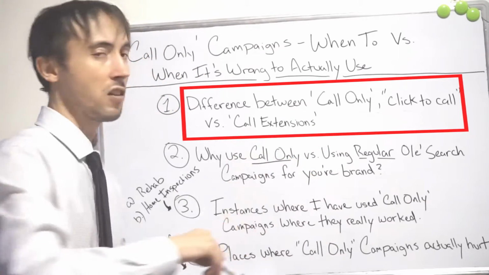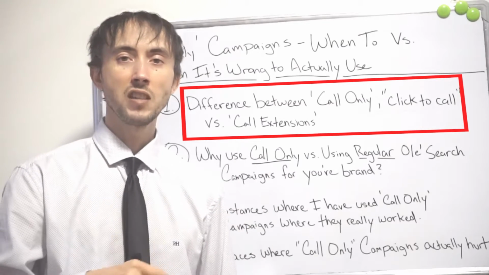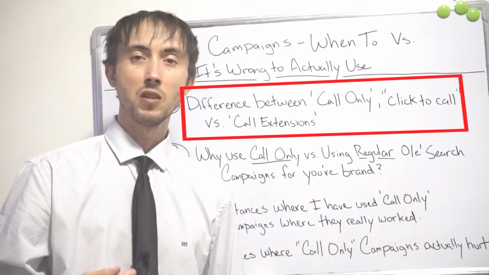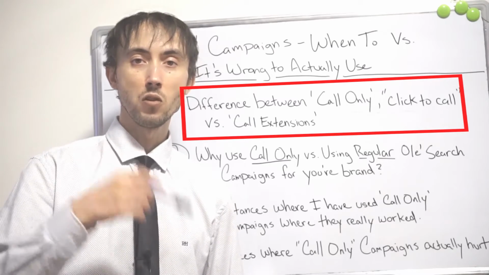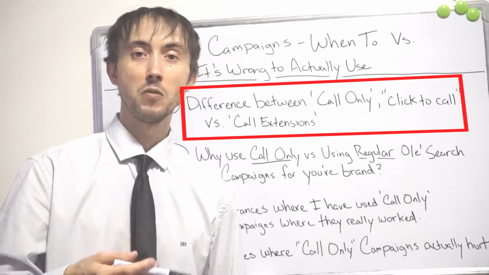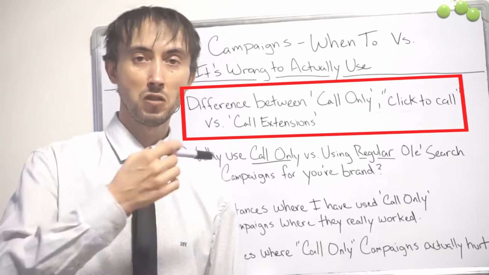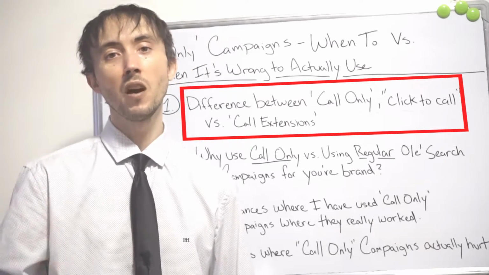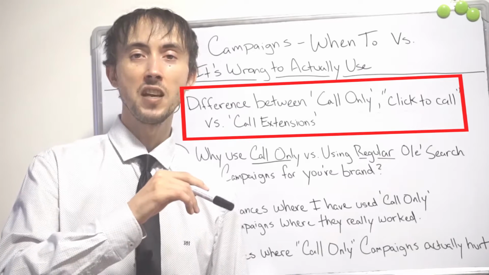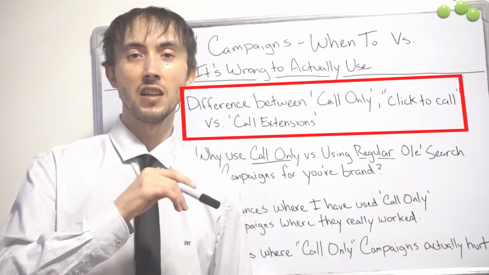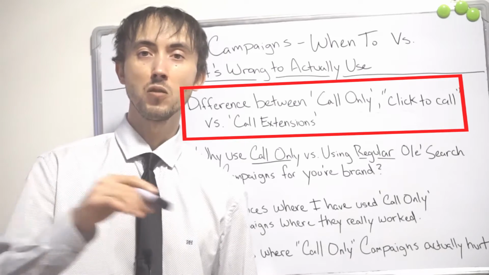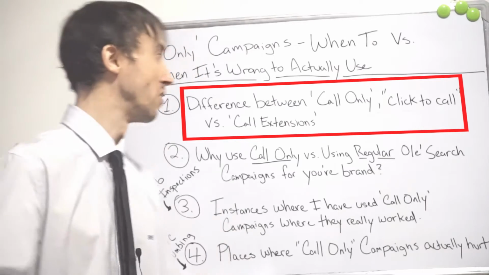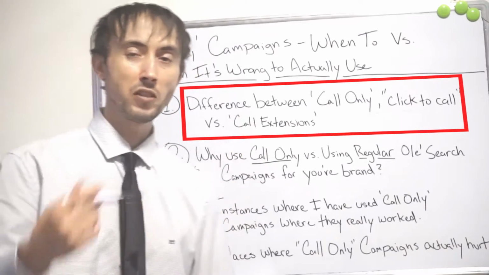And then the call extensions. Going back to what I said before, it's against Google's rules to have your phone number in your ad if you're using regular search campaigns versus call-only. Well, you can actually put a phone number in what is called an ad extension. There's a special ad extension called call extensions right there on your regular search ad.